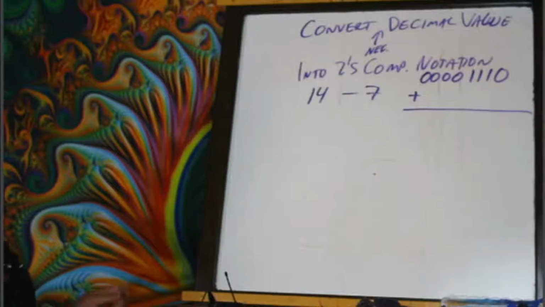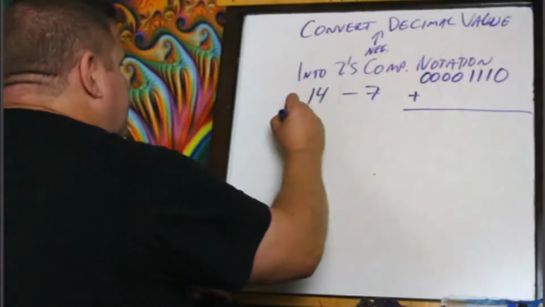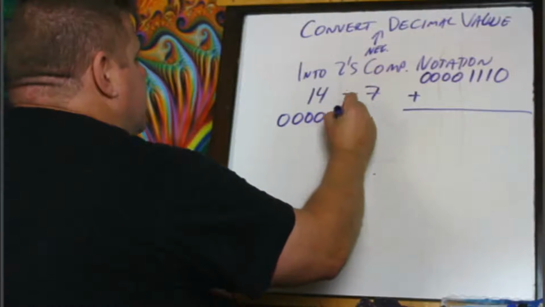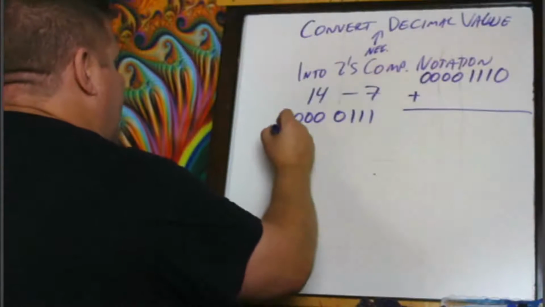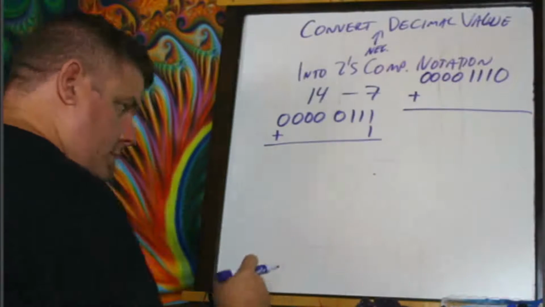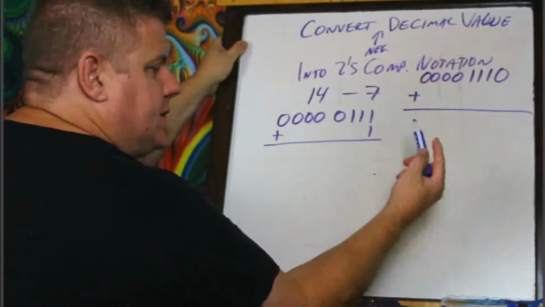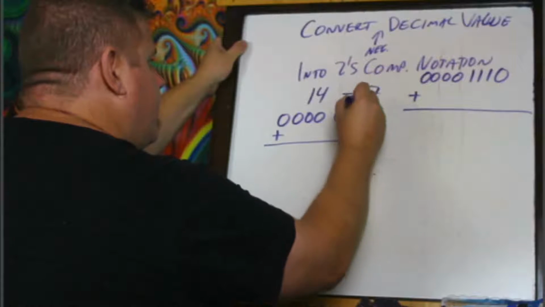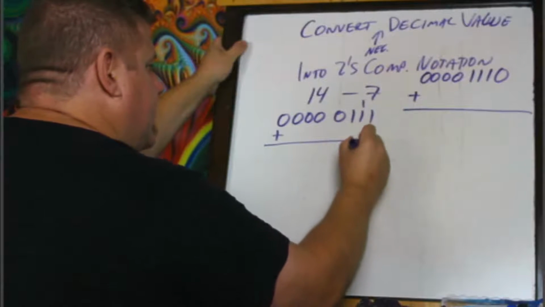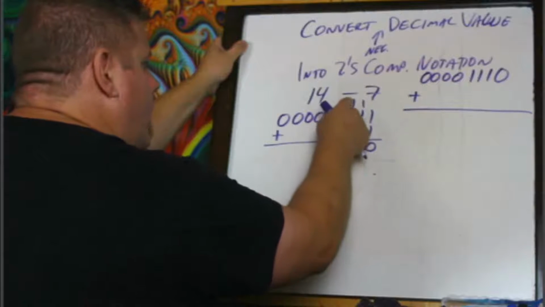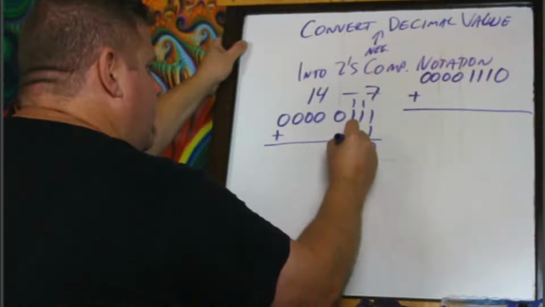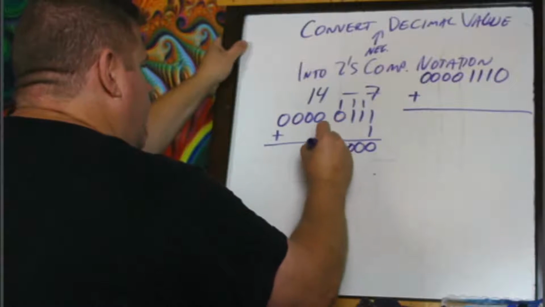Now for my 7 in binary, I add 1 to it. Now I know this is 8, but I'm going to walk through this. 1 plus 1 is 2, that's 0, carry the 1. 1 plus 1 is 2, that's 0, carry the 1. 1 plus 1 is 2, that's 0, carry the 1. And then I rewrite these.